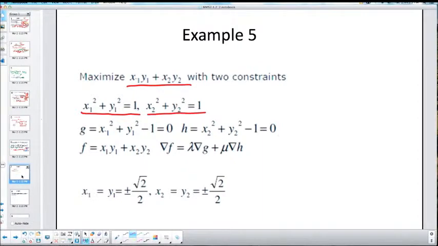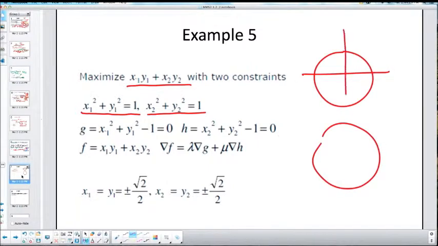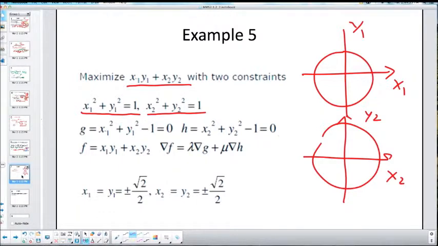So basically, I have 2 circles, x1, y1, x2, y2. And these 4 variables, you choose from the 2 circles, but I want to maximize this: x1 times y1 plus x2 times y2.